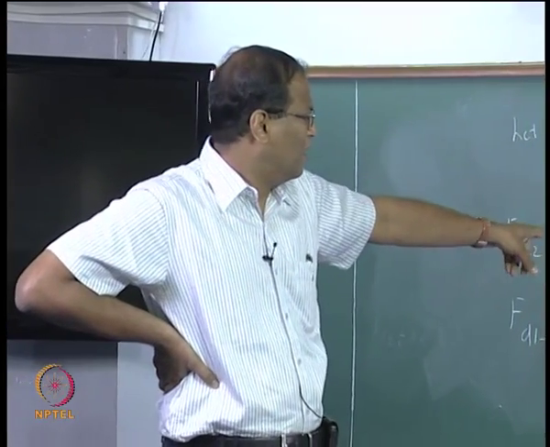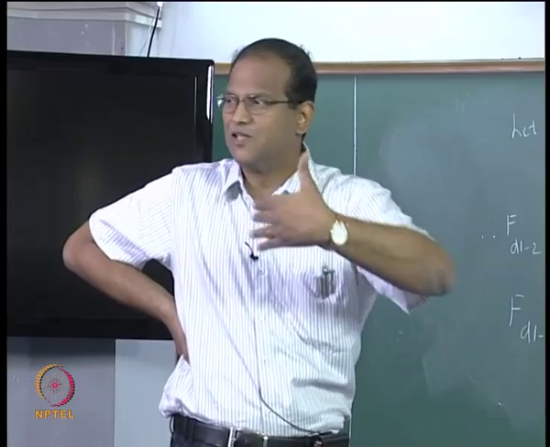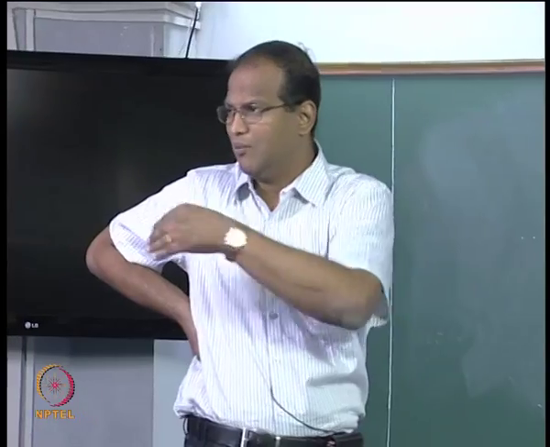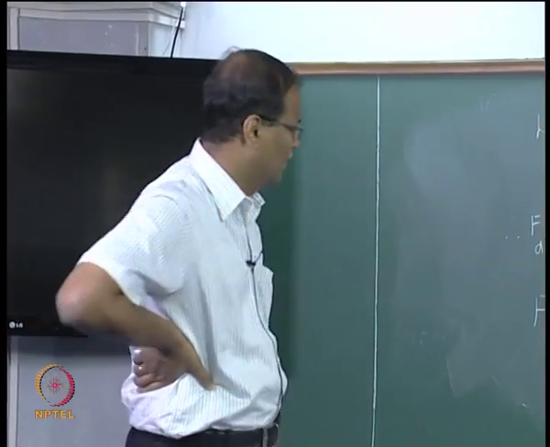But if R naught by H is much less than 1, we can reduce it to R naught squared by H squared. It confirms the basic thing about view factors: it goes as the inverse square law, 1 by H squared, where H is the distance between the two. So that is one indirect validation.